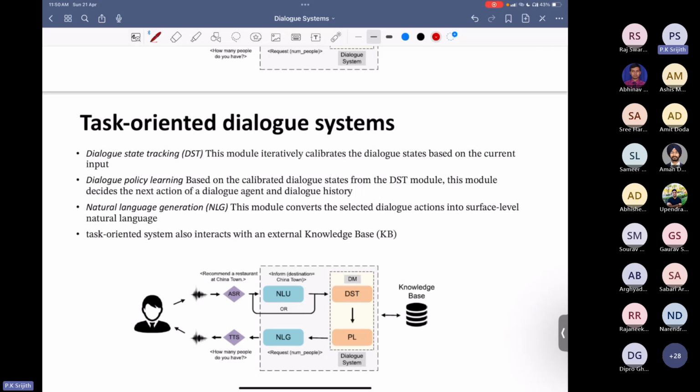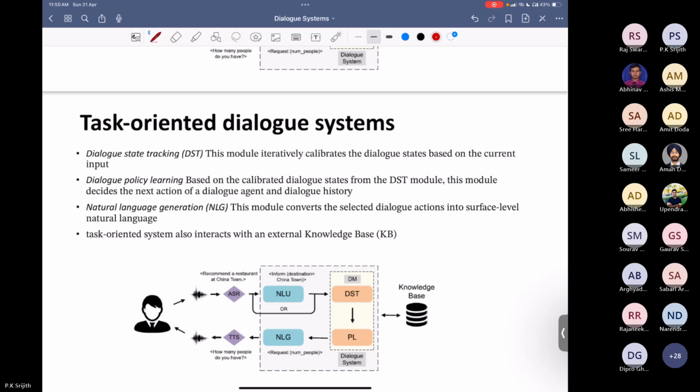So the policy learning module decides that the user didn't provide the date, so it will ask which date the user wants to see the movie. So the policy learning module decides what action to take, what to ask the user next, so that it can complete all the information it requires to do a movie booking.